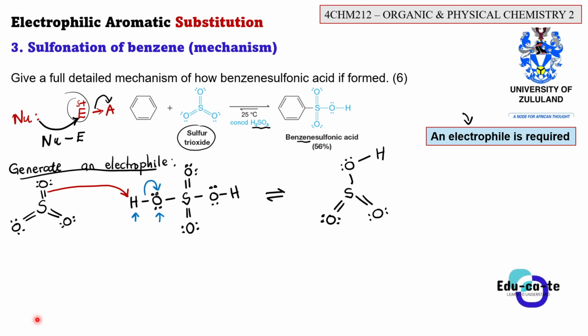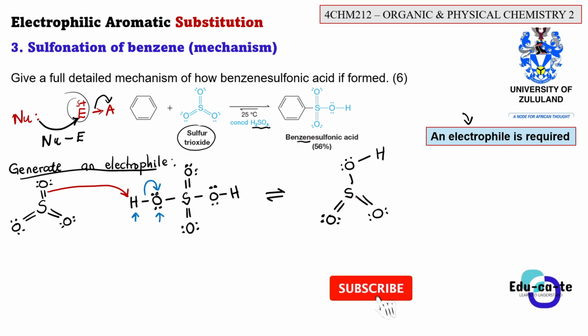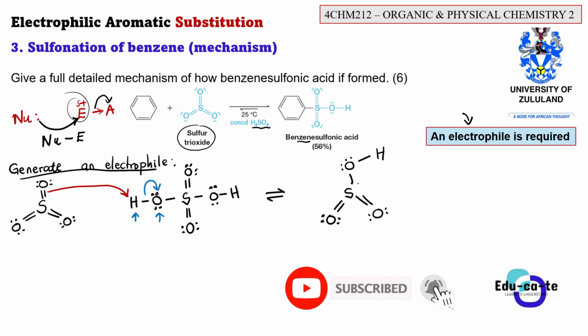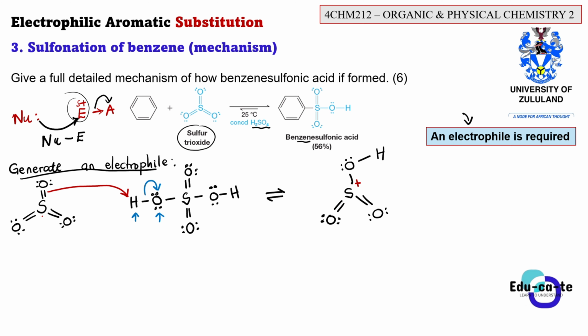But we can see one thing here, that the oxygen doesn't change its formal charge because the oxygen is still having 2 bonds, so it's still fine. But this sulfur here will now acquire a positive formal charge, because you can see that it had 4 bonds surrounding it and it was neutral, but because it has lost 1 bond, it will acquire a positive formal charge.